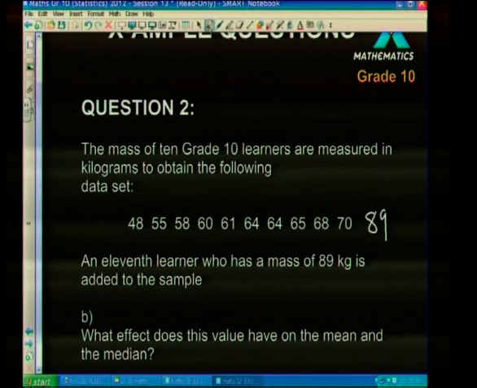Now, guys, a data piece such as this, which is very far outside of the range of the data, is called an outlier. Right. Now, they're asking us what effect the value will have on the mean and the median. You don't have to recalculate. Obviously, this is going to have an effect on the mean.